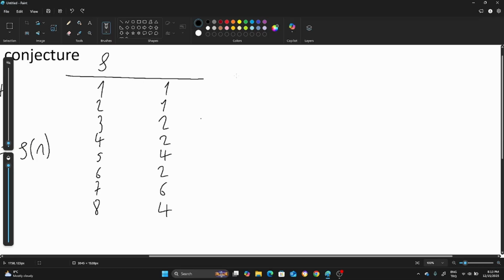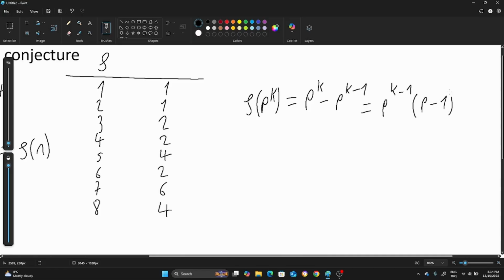So let's say, what is totient of p to the k? Well, this actually needs some proof, but in this video I'm not going to prove this, and I'm sure there are proofs of this out there. If you guys want, I can make a video proving this. This is going to be p to the k minus p to the k minus 1, which equals p to the k minus 1 times p minus 1.